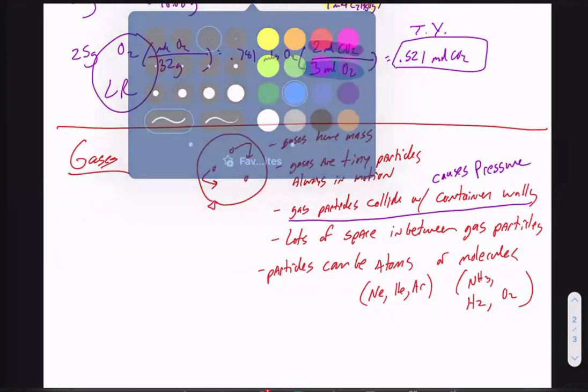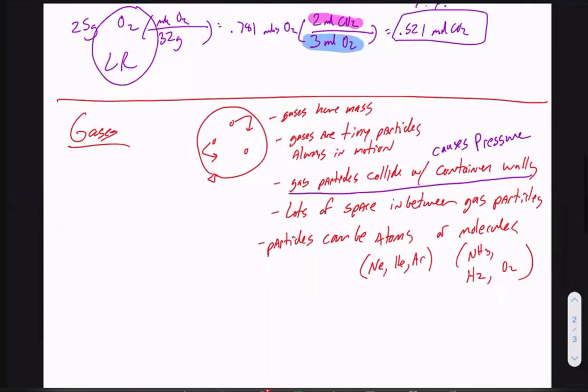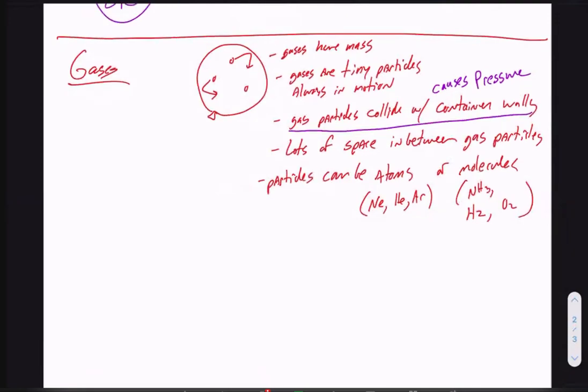So, when we talk about pressure, we spent a fair amount of time talking about pressure in the atmosphere. It crushes down the weight of like one atmosphere pressure, right?